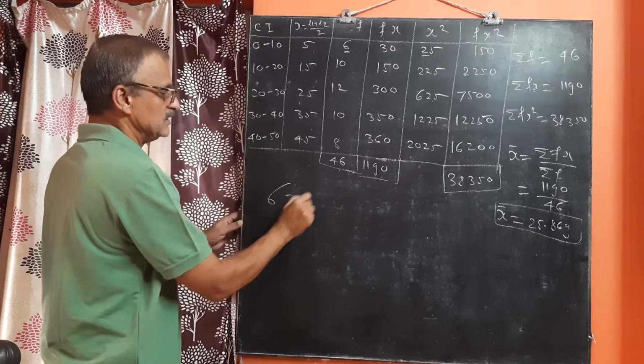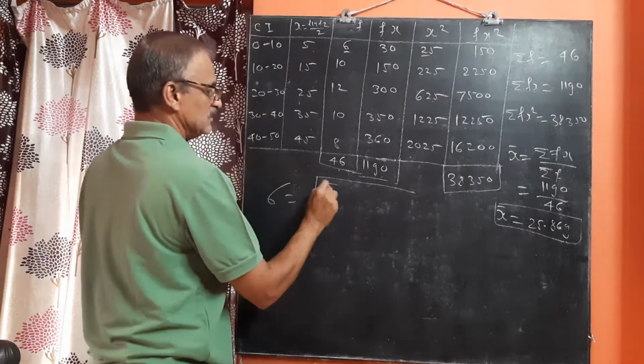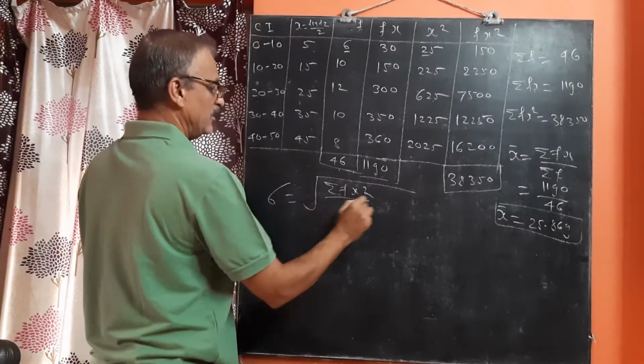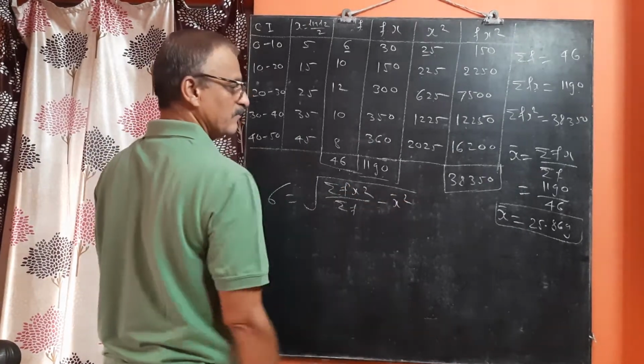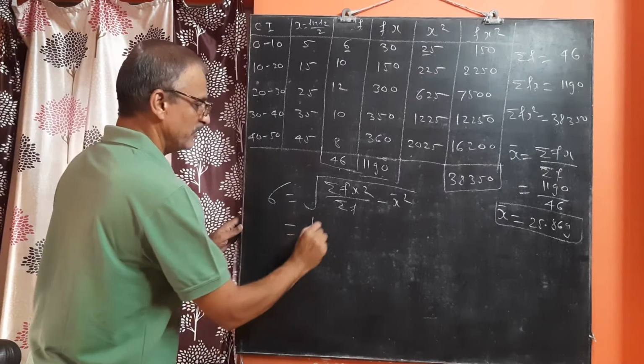Then sigma is equal to square root of summation of fx square divided by summation of f minus x bar square. Let us substitute values.